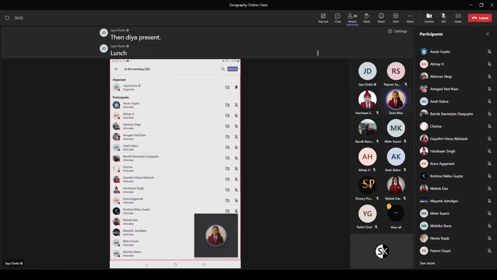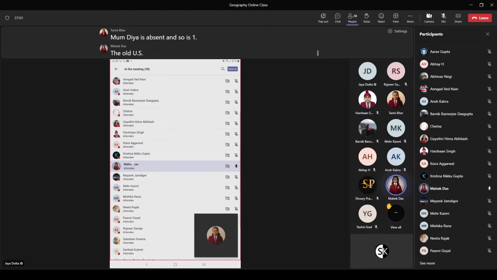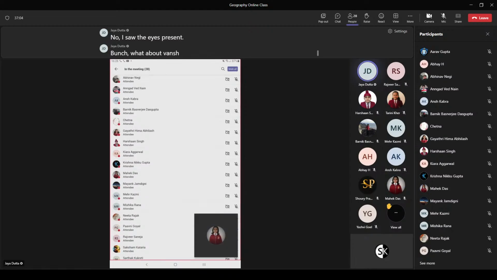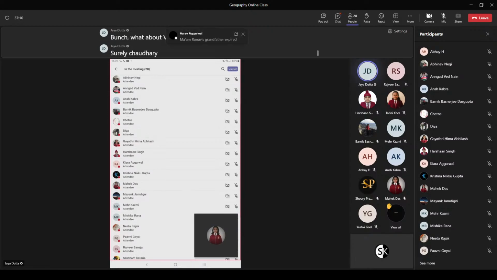Ma'am, Dia is absent. No, Dia is present. Yes, ma'am, Dia is present. Vansh, what about Vansh? Vansh is absent. Shaurya Chaudhary. Absent. Shaurya is also absent. Shaurya Pratap. Present, ma'am. Chetna. Present, ma'am.